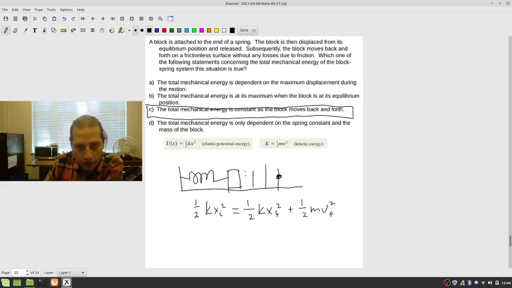It can be right there, there, there, there, there. The x position is different at each one of those places. The speed is different at each one of those places, but somehow adding up all of the energy gives you a constant. So that's the reason why this energy stuff is useful.